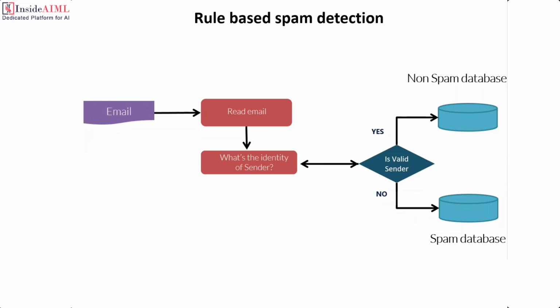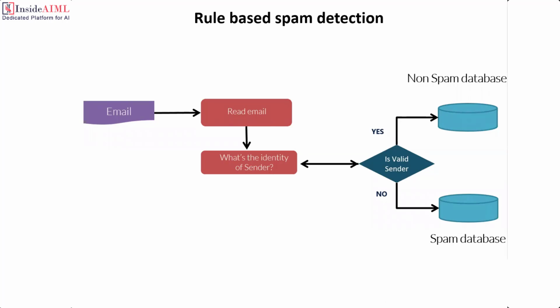Take one example: you are working in Google, and the Google CEO tells you to find whether an email is spam or not, and you don't have any machine learning algorithm, nothing is there. You have to apply some rule-based mechanism or some conditions. What will you do? First of all, you will write some rules.